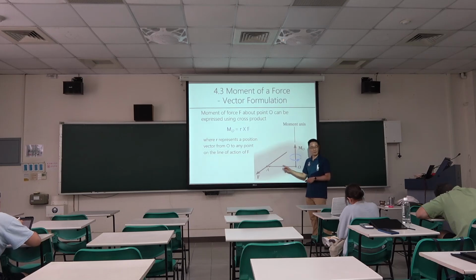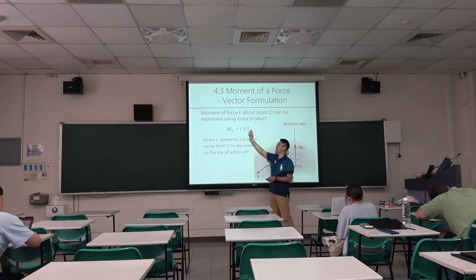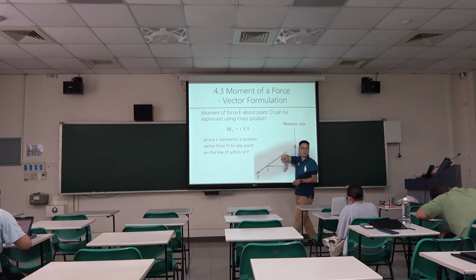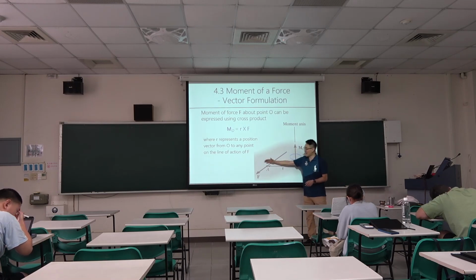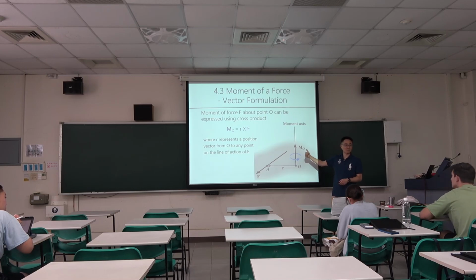R cross F gives us a moment in this direction. Remember from the previous concept, they cannot be reversed, because if we reverse, that means the opposite direction. So we must use r cross F, which gives us the third direction vector, which is the moment.